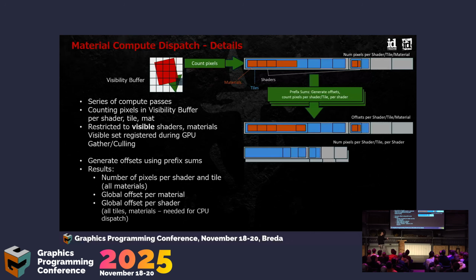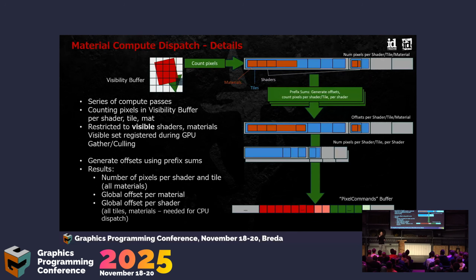So with these counts generated, we run a hierarchical prefix sum operation over them. So we get the overall number of pixels for each tile, material, and shader. And then we just use these offsets to come up with the correct positions each tile and each material should get in the pixel commands buffer.